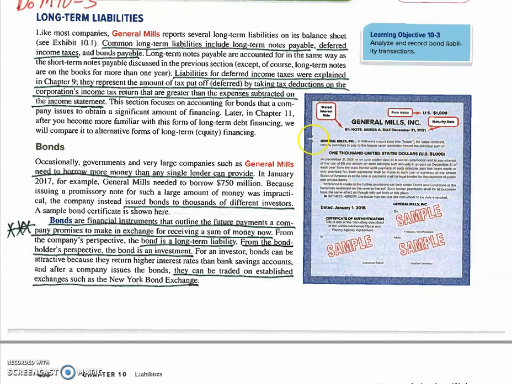So how do you value that? Well, the answer is you take the present value of those 2 sets of cash flows. The present value of $1,000 4 years from now, plus the present value of a series of 8 $30 payments over the next 4 years.